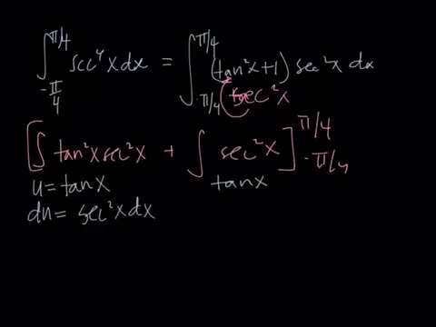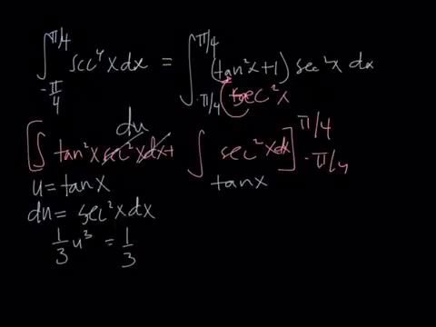So dx secant squared becomes du, which makes this u squared, and the integral of u squared is 1/3 u cubed. So this is 1/3 tangent to the third of x, plus tangent of x. And no plus c because we're going to deal with bounds.